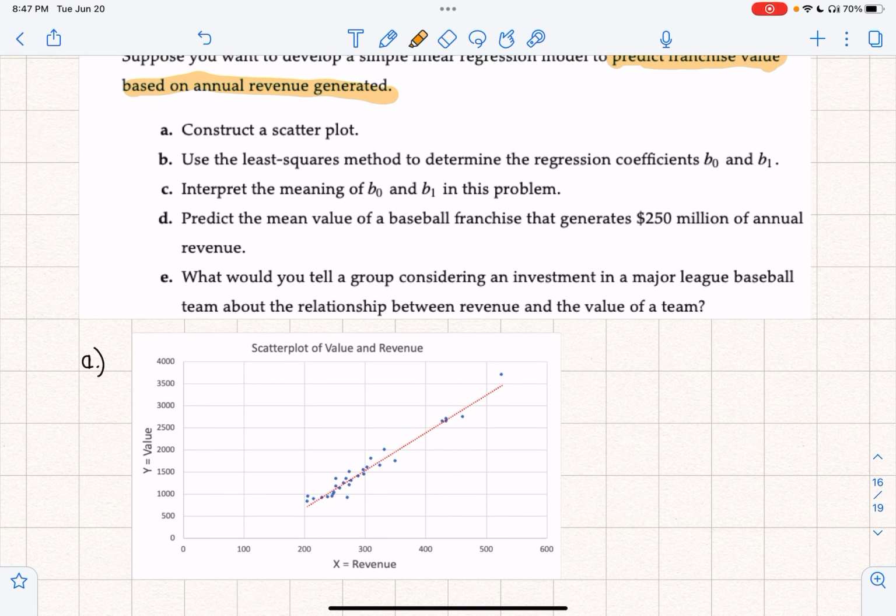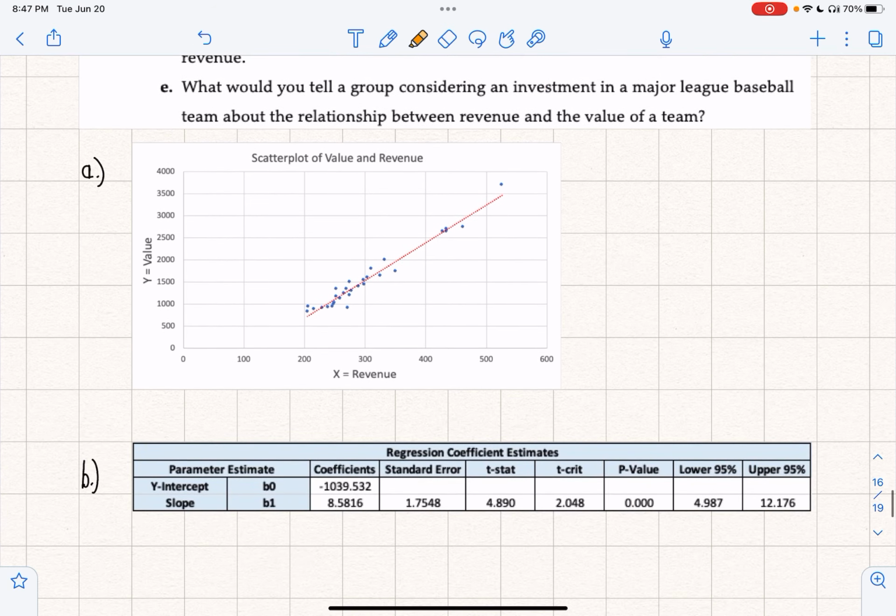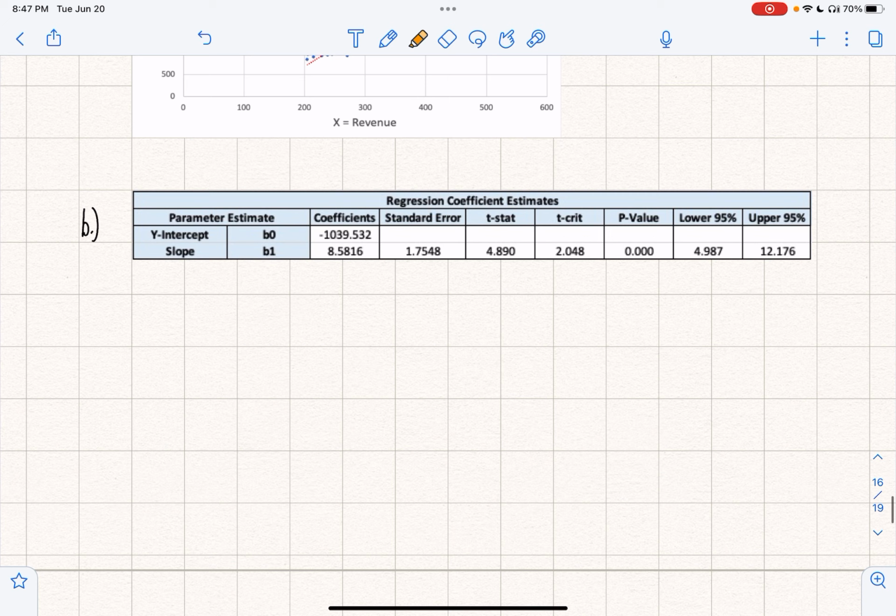Now we want to determine our regression coefficients. I just used Excel to do this so we don't have to do it by hand, because that's ultimately how you'll do your homework. And here's our table. We can see that we have coefficients of negative 1,000 for our intercept and 8.5 for our slope.